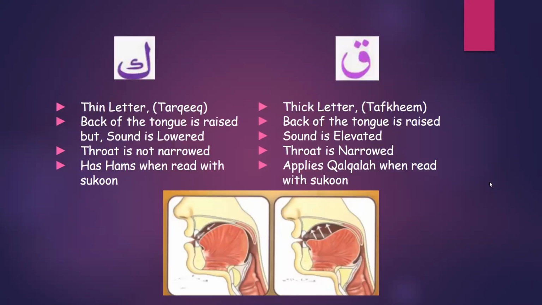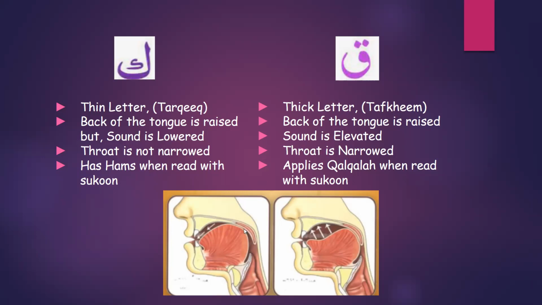What you need to apply now is the qalqala. You need to bounce the sound, aqo, aqo. You need to apply the qalqala on the letter qaf. But again, the back of the tongue for the letter kaf is raised and it is touching the hard and the soft palate. That also blocks the sound. When it comes from this part, it gets blocked.